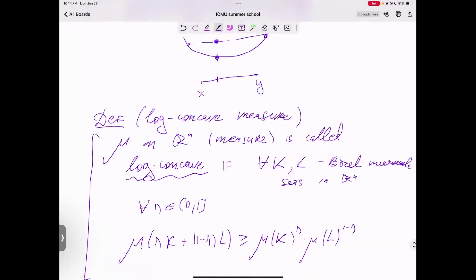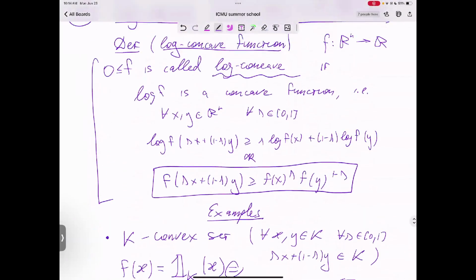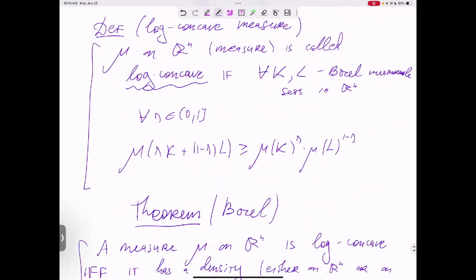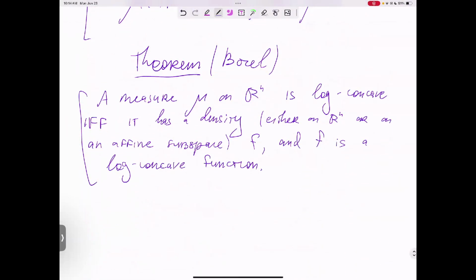It's not at all obvious, and clearly the theorem actually implies the Brunn-Minkowski inequality. So note, maybe I need to switch the pencil.